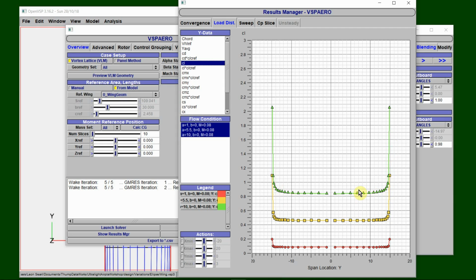So to really fly this, we'd have to modify the tips a little bit, maybe cut them off so that we will have a decrease in lift coefficient as we get to the tip. We don't want it to increase or the darn thing will stall on us before the rest of the wing does. But for the most part, it is flat, especially at this 1-degree angle of attack. It's flat almost all the way across.